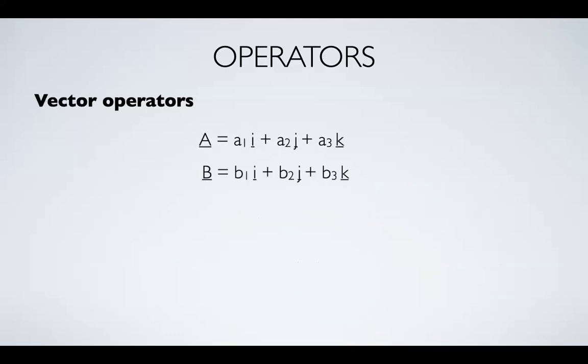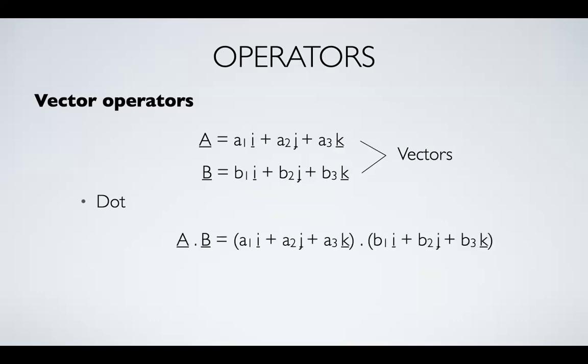So next, previously we talked about the scalar operator, which is differential. Next is the vector operator. If I have two vectors, vector A and vector B, both in Cartesian coordinates, and I have a dot operator, dot is a vector operator.